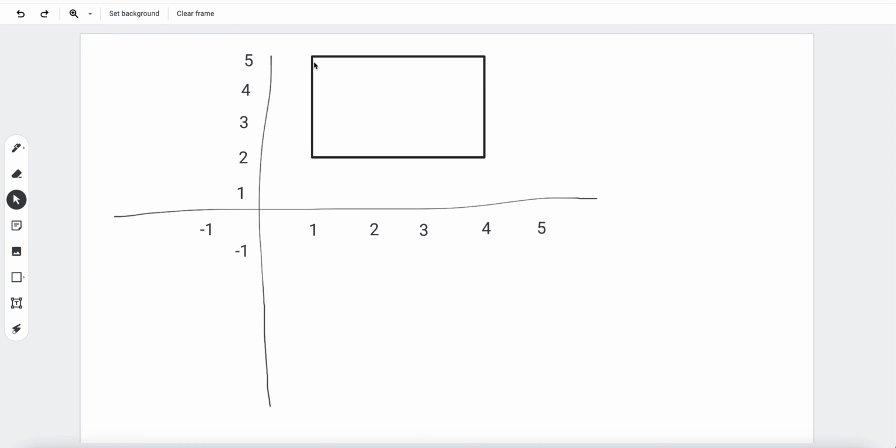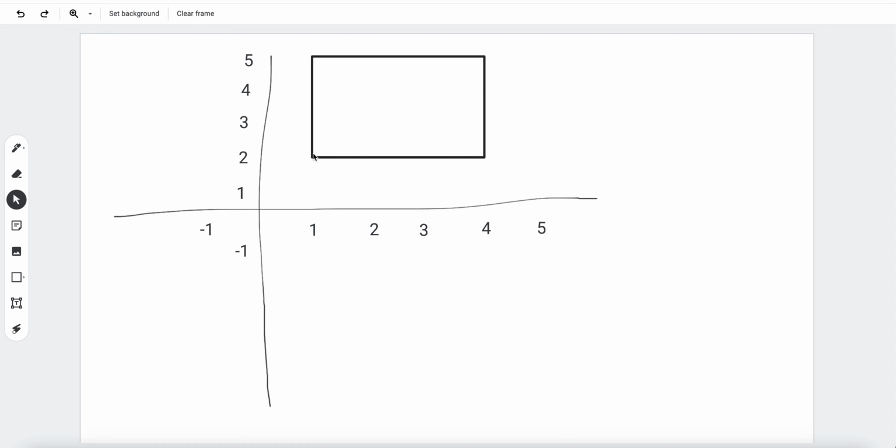Similarly, here we'll get the minimum x coordinate that is possible, and at these 2 points we'll get the maximum x coordinate that is possible. The length of this line will be equal to the x coordinate at this point minus the x coordinate at this point, because the x coordinate at this point is the distance between the y-axis and this point, which is 1 unit, and the x coordinate at this point, which is 4, is the distance from the y-axis till here.